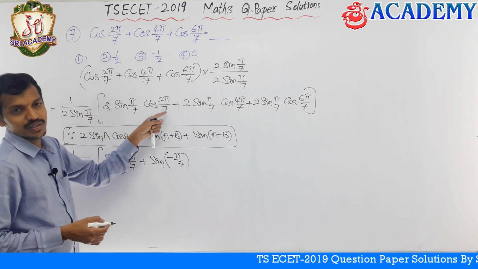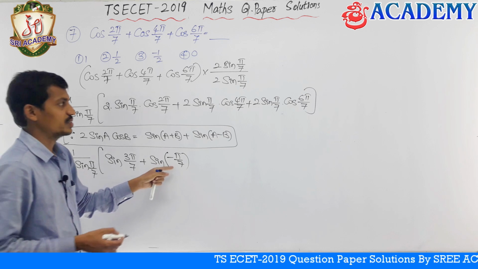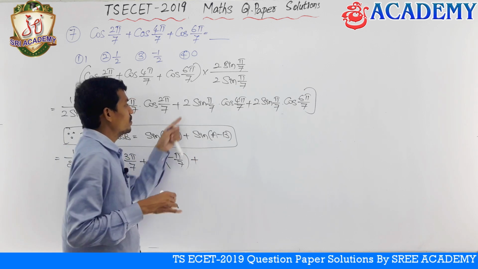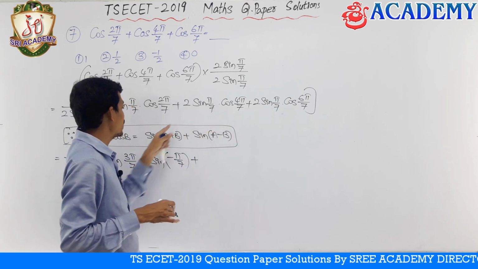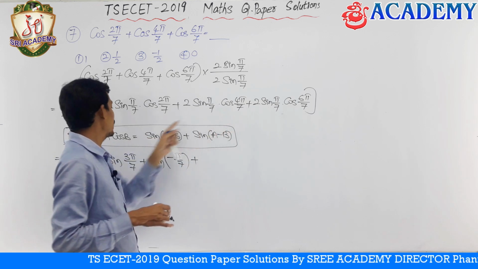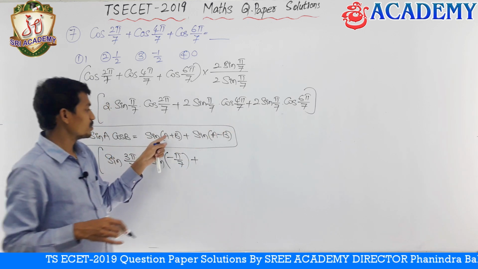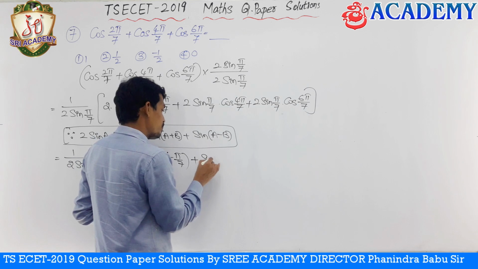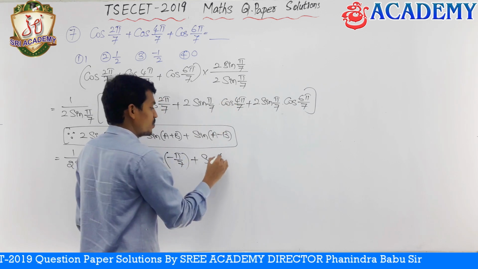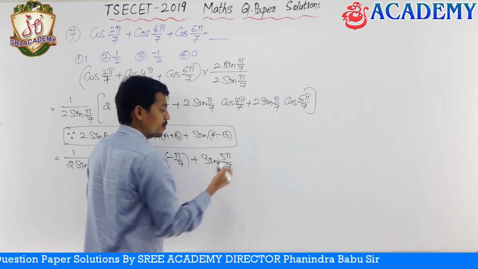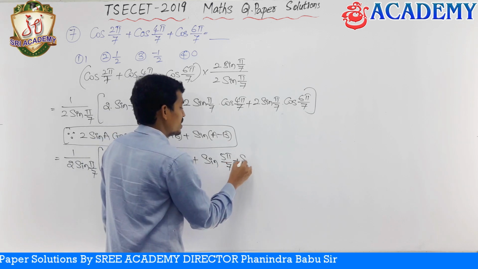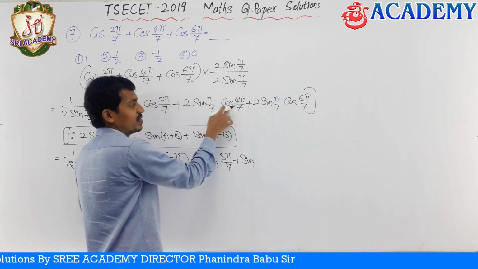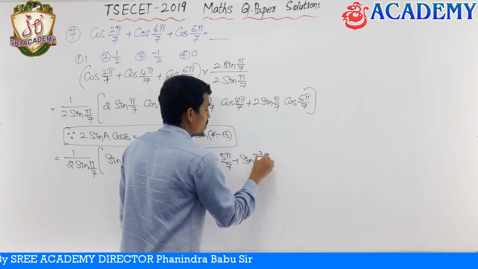Plus, once again 2 sin A cos B, A equal to pi by 7 now, B equal to 4 pi by 7. Now substitute here sin of pi plus 4 pi, 5 pi by 7, plus sin of pi by 7 minus 4 pi by 7, minus 3 pi by 7.